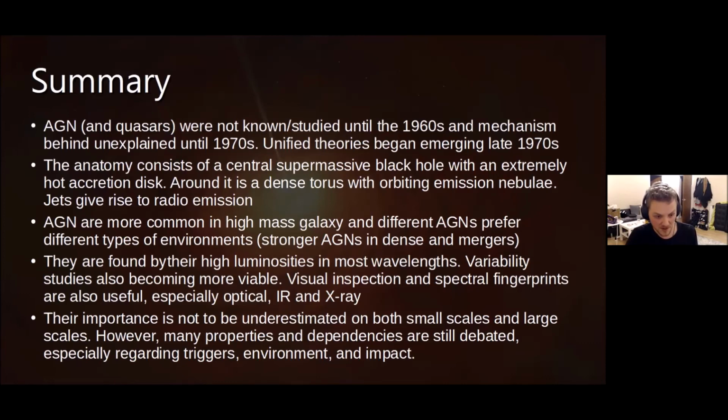Their importance in galaxy evolution is not to be underestimated. Even in dwarf galaxies, on large scales, with large galaxies, they are important for regulating them.